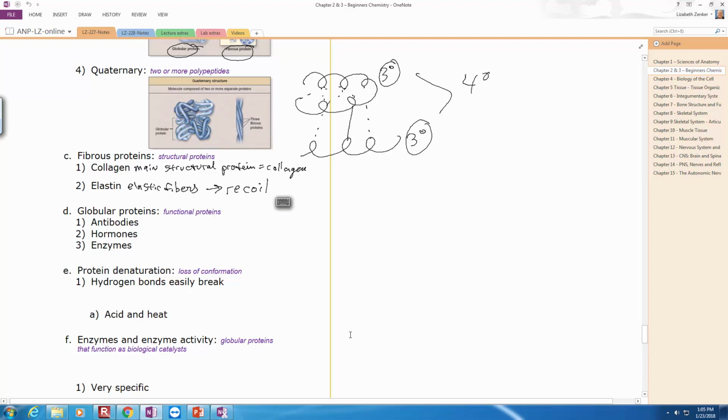So these are proteins that function in immunity. Hormones are our chemical messengers. And enzymes are our biological catalysts.